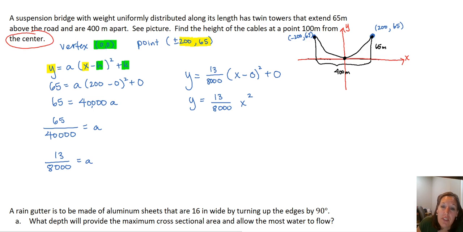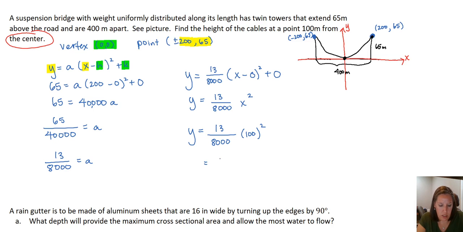So if we want to find the height of the cables 100 meters from the center, we're going to plug in 100 for x. We get 13 over 8,000 times 100 squared, which gives us a height of 65 over 4, or 16 and a quarter. The units on this are meters.